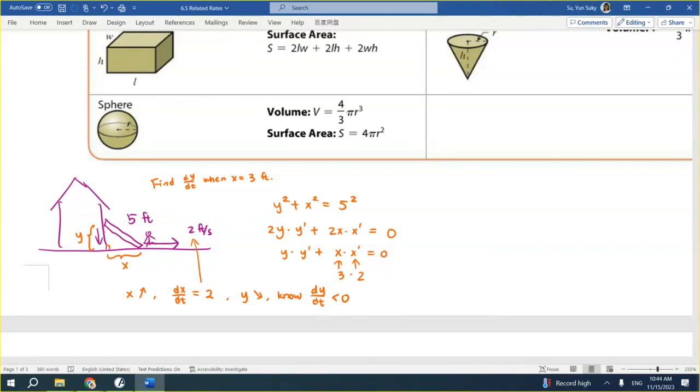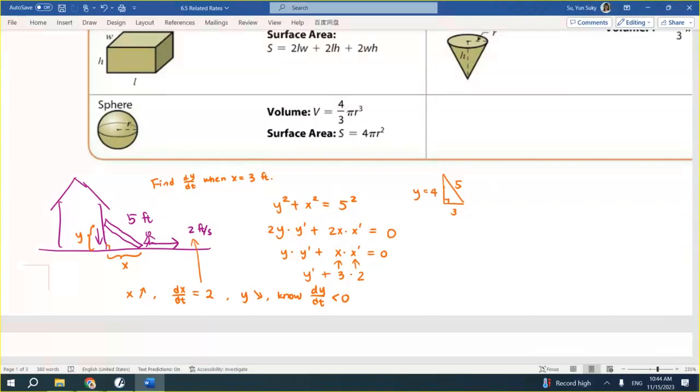Y prime is what we are looking for. But the y, look at the y. At the moment when x is 3, y must be 4. Right, everybody? You know the triangles 3, 4, 5, and 5, 12, 13?